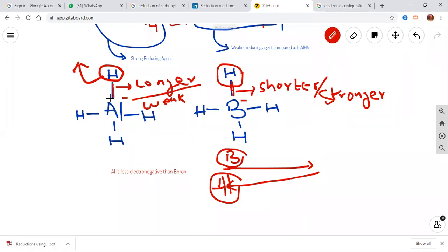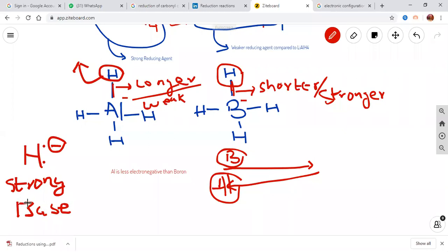Okay, so this hydride ion, having a negative charge, which is a strong base, can easily break away from this bond.